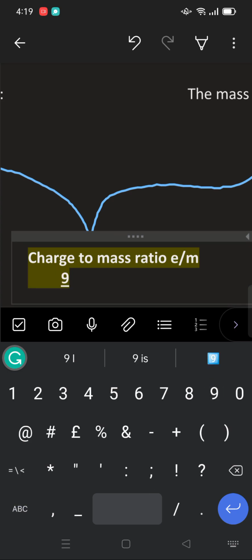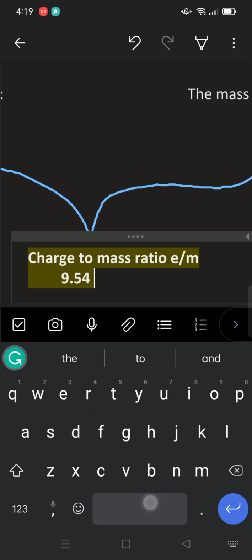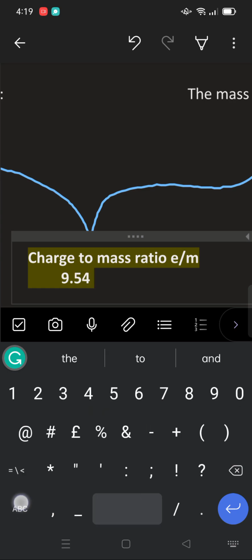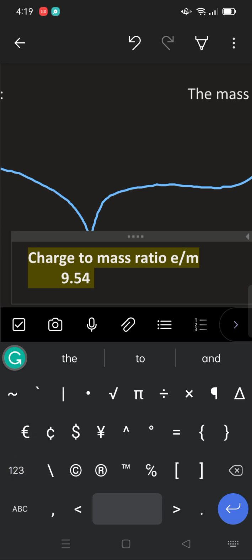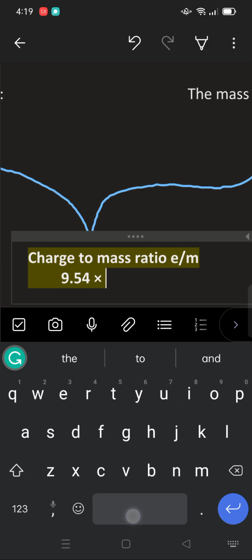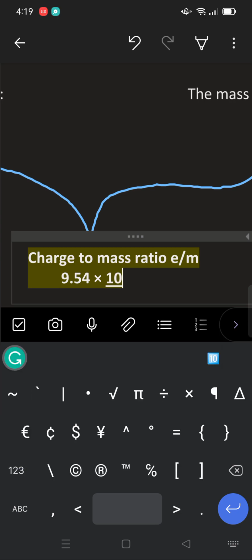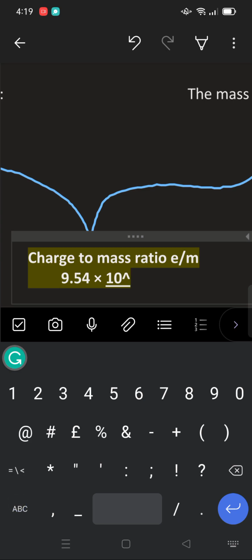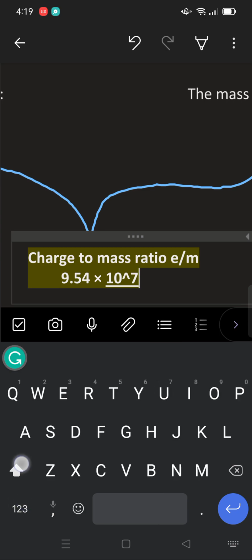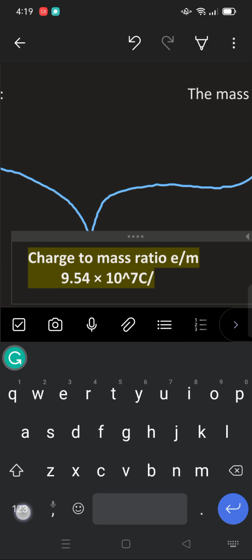So the value is 9.54 into 10 to the power 7 coulomb per kg.